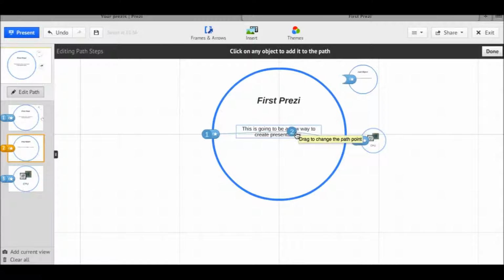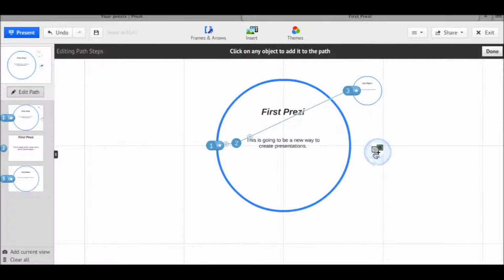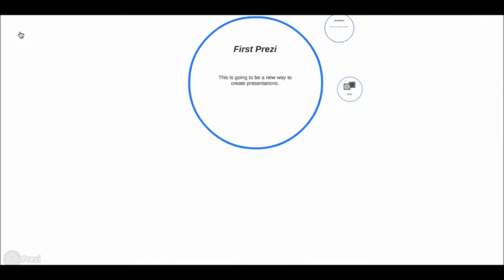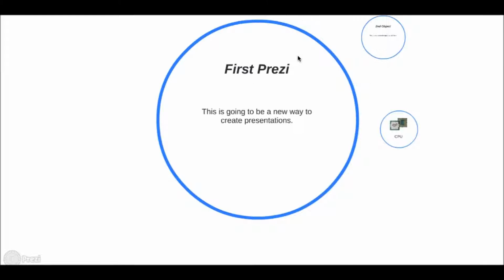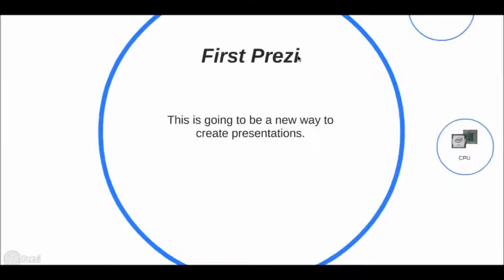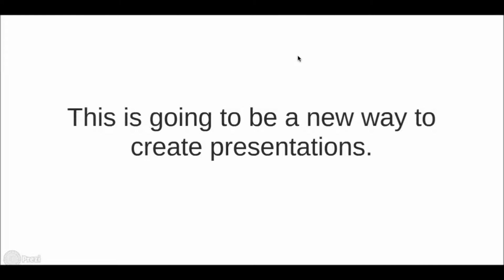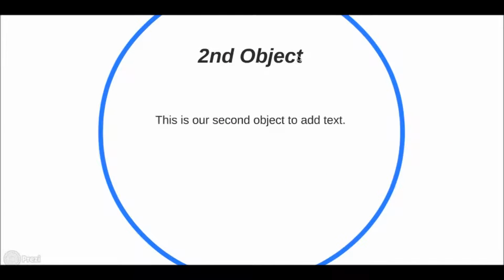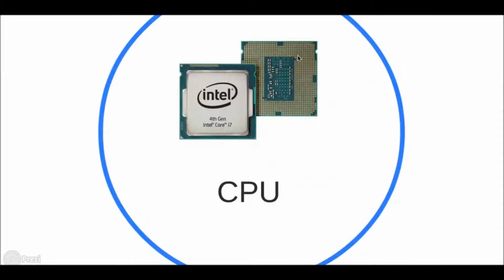In this case, I'm going to move that to the text, move 3 to the next object, and move 4 here. Now when we present, we'll have a little different order. First object, text box, second object, third object.